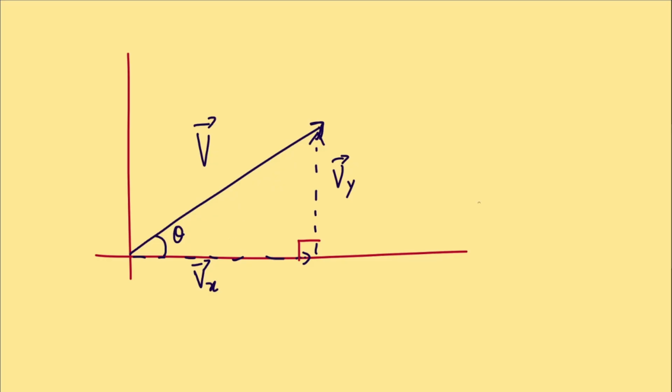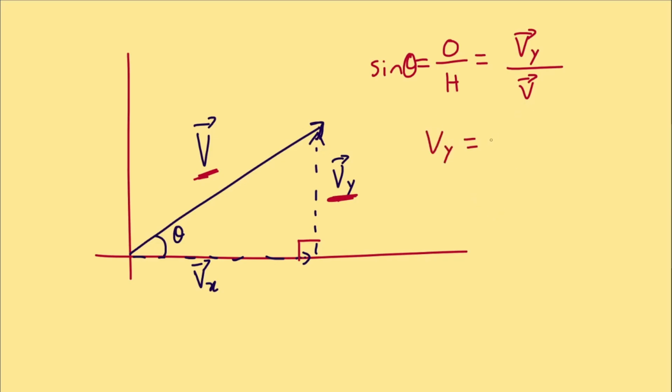Now let's do some quick equation deriving. To find the y component, we can use sine, because remember sine is opposite, so opposite this angle, divided by the hypotenuse. So opposite over hypotenuse is vy over v. Oh, sorry, I forgot to write the angle. Now if you multiply both sides by v, then you get vy is equal to v sine theta.